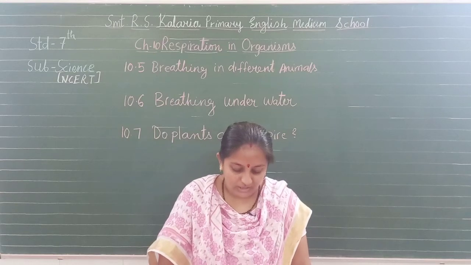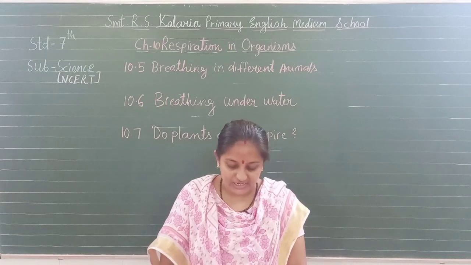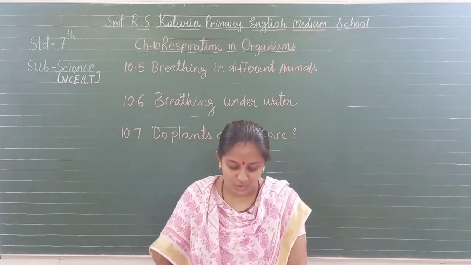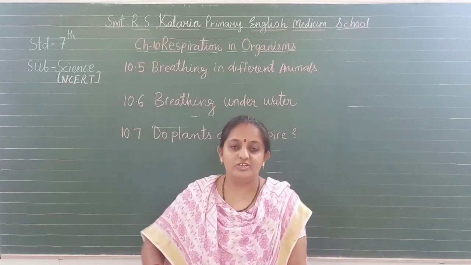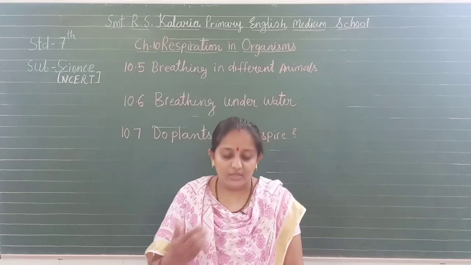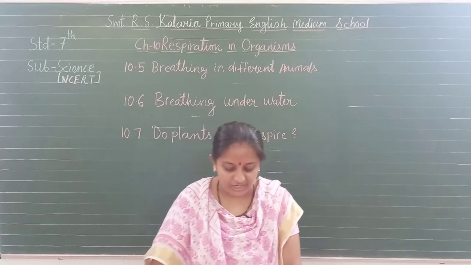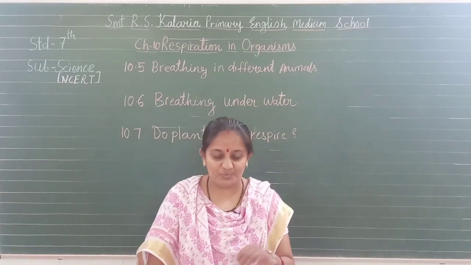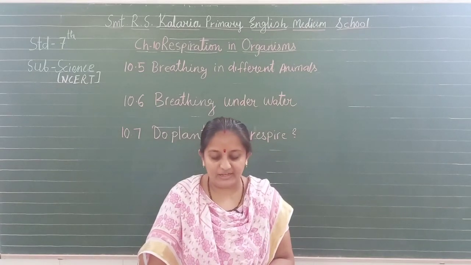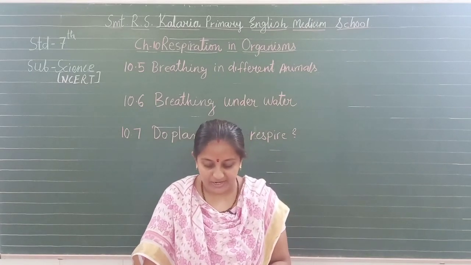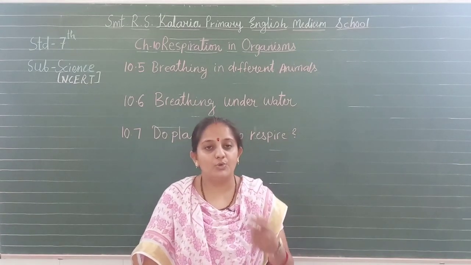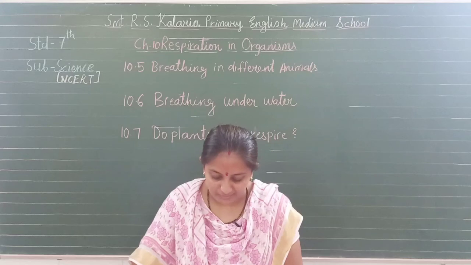So like all other organisms, the living cells of the plants, the root cells also need oxygen to generate energy. The cells of the roots also need the energy which is generated. Now roots take up air from the air spaces present between the soil particles and supply it to every part of the plant. You can also see this in potted plants.